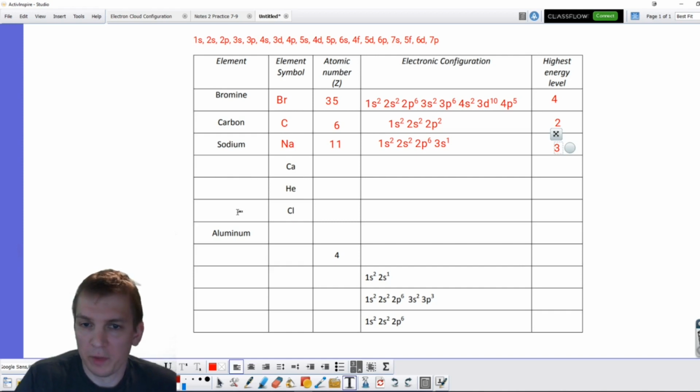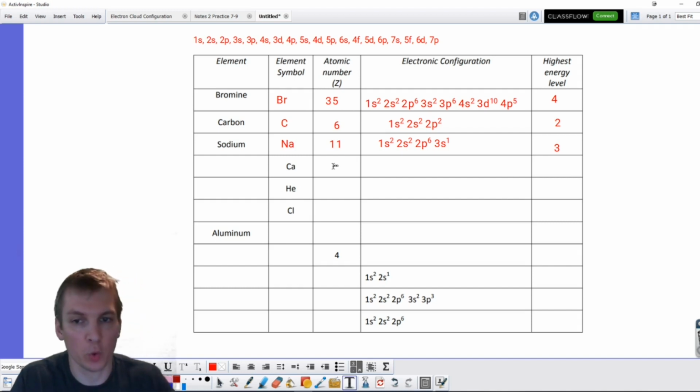This next one, all they give us is the symbol Ca. If you find it on the periodic table, it is calcium, and calcium is number 20 on the periodic table. So I'm going to put 20 here, and I'm just going to write in the word calcium.